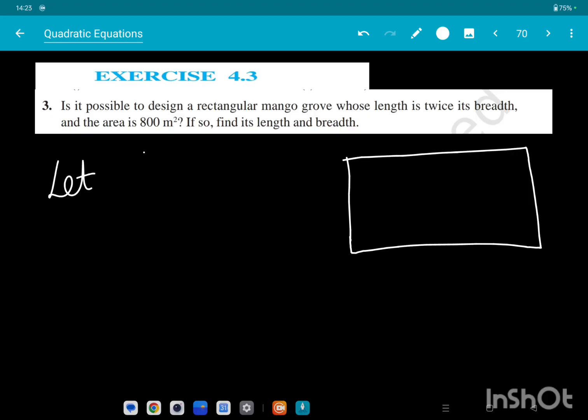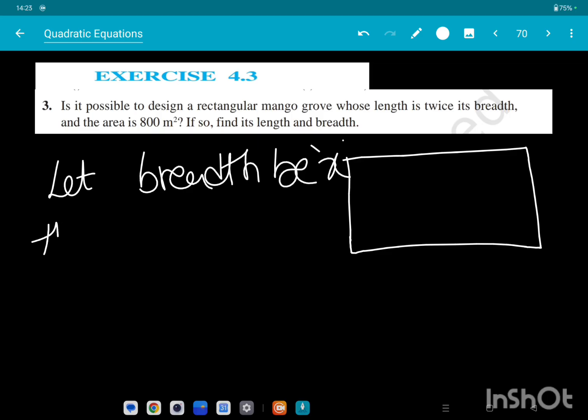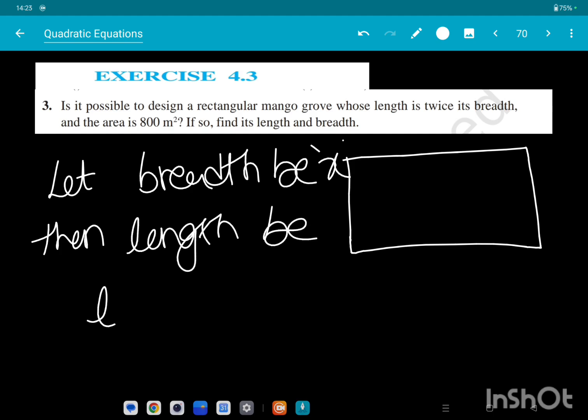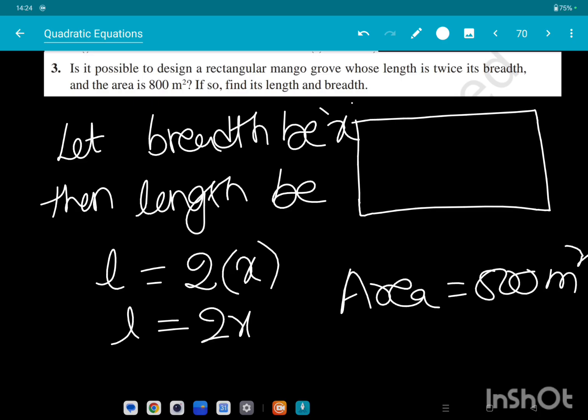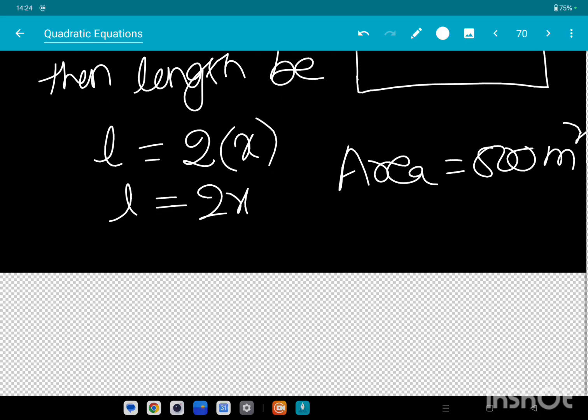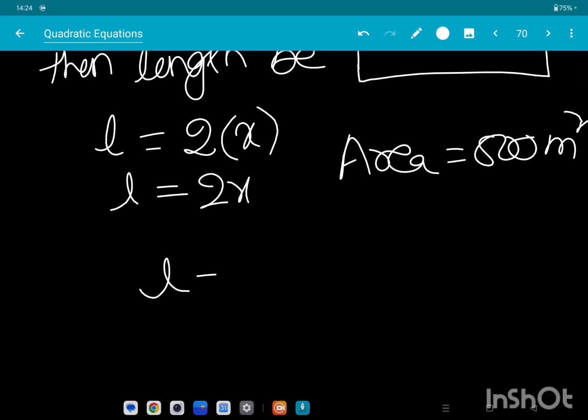Let breadth be x, and length is twice its breadth, so length L will be 2 into x. So length will be 2x, right? Now it was given that area is equals to 800 meters square. So if it is possible, then we need to find the length and breadth. So I will write it clearly: length is equals to 2x and breadth is equals to x.